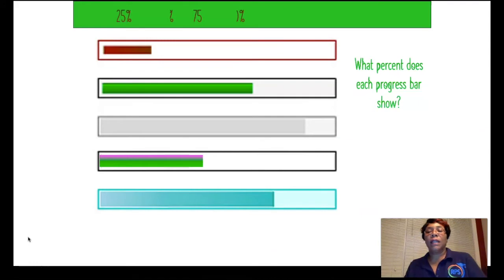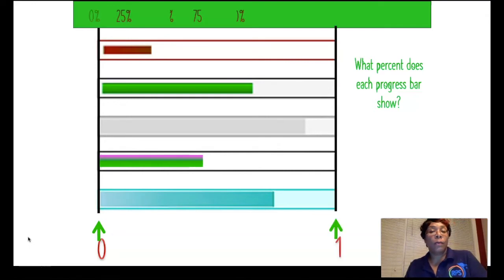So let's look at this. What percent does each progress bar show? Let's first determine where 0 falls. Here's my 0. Then on the other side, we always got to know what is our whole. So here is our whole. Well, between 0 and 1, there's what number? 50% or 1/2. Directly in the center.